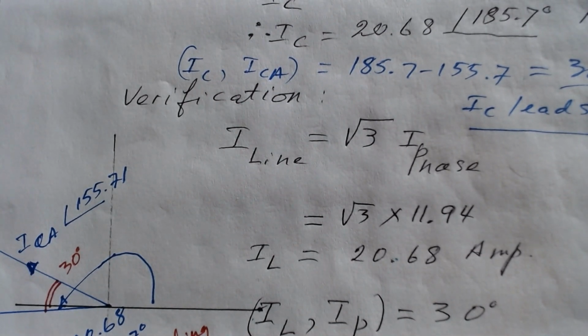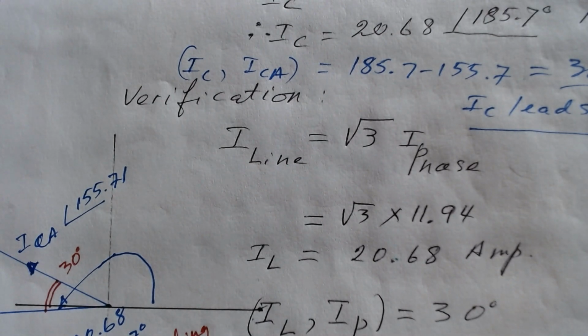Between the line current IC and the phase current ICA, in a phasor diagram, you can see that it is the difference between 185.7 minus 155.7, which gives an angle of 30 degrees exactly. And you can also see that IC is leading the phase current.